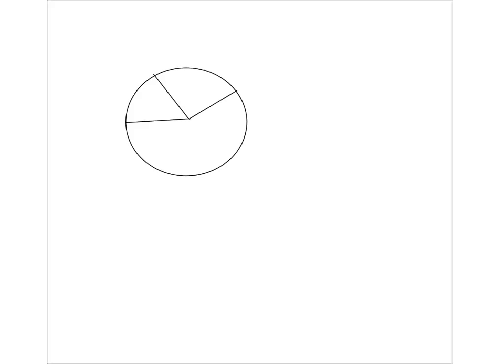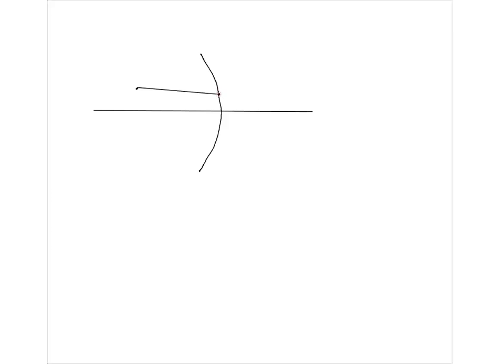Tangent and normal are always perpendicular to each other. So at this point, tangent is this. At this point, tangent is this. At this point, tangent will be that. So if you are considering this ray, then maybe at this point you can imagine some tangent which will be like a plane mirror sort of thing. And the radius is very easy to construct. You should be knowing the center.